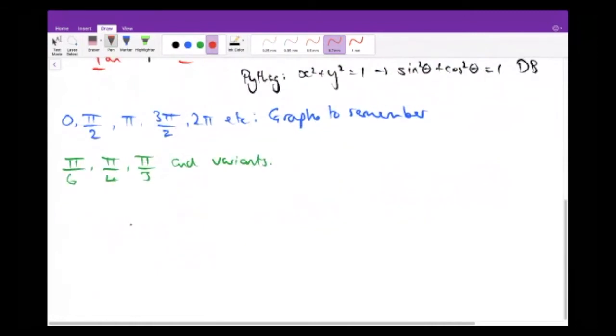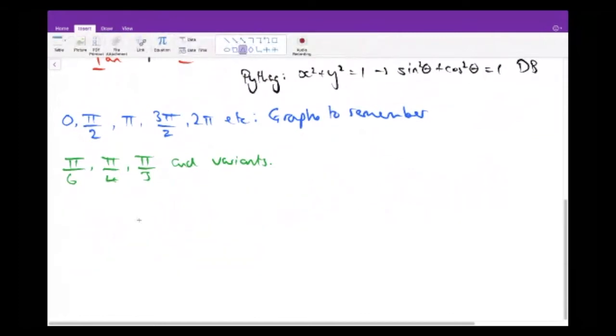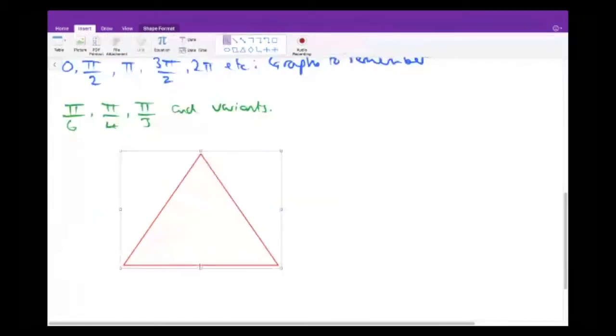Now, what I would remember is 2 triangles. So first of all, if I draw an equilateral triangle, say here, let's make it a big one, but I'm going to split it down the middle as well. Like so.